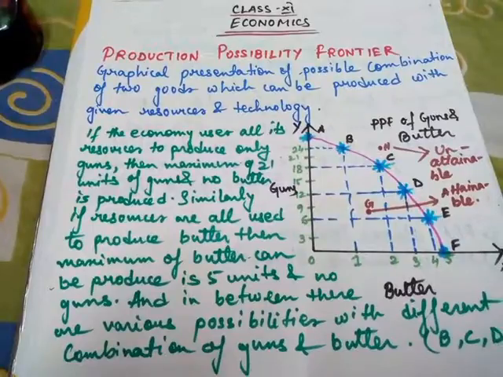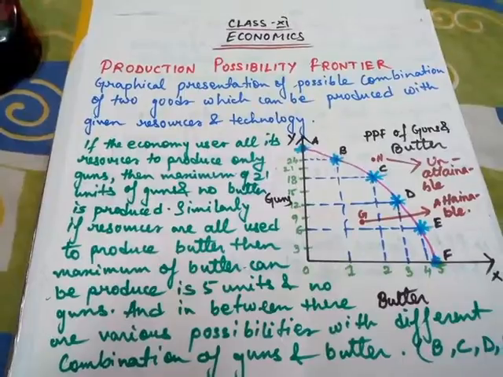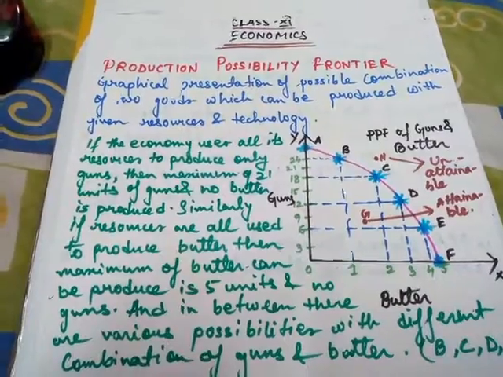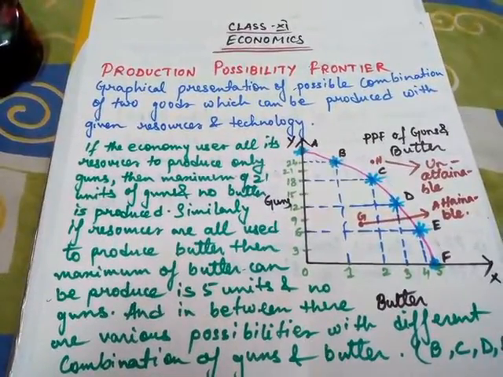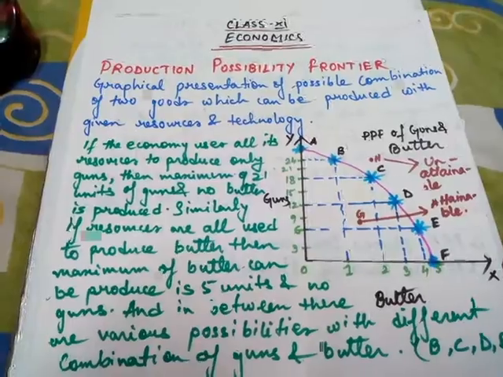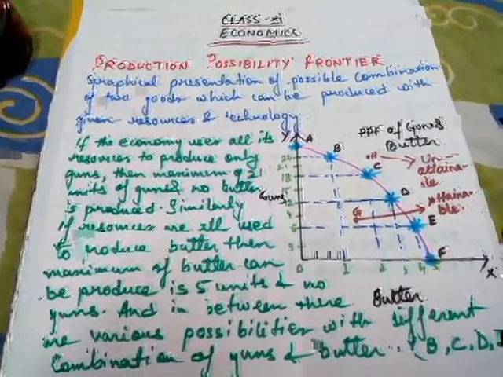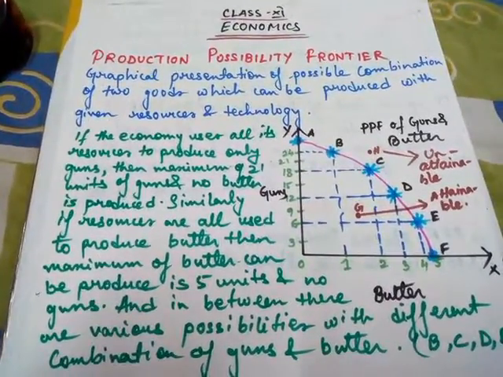First of all, I will tell you what this production possibility frontier is. I have written here: graphical representation of possible combinations of two goods which can be produced with given resources and technology. Here, given resources and technology tells about your limited resources and technology.